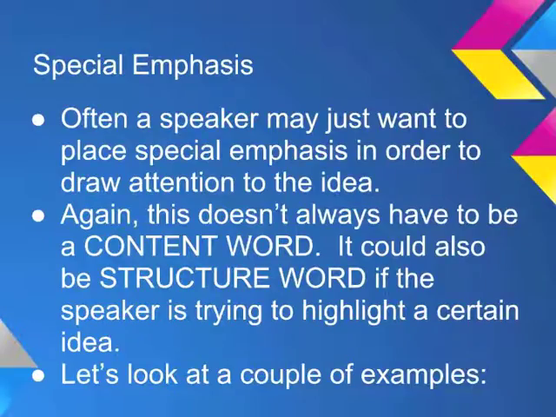Special emphasis. Often a speaker may just want to place special emphasis in order to draw attention to the idea. Again, this doesn't always have to be a content word. It could also be a structure word if the speaker is trying to highlight a certain idea. Let's look at a couple of examples.